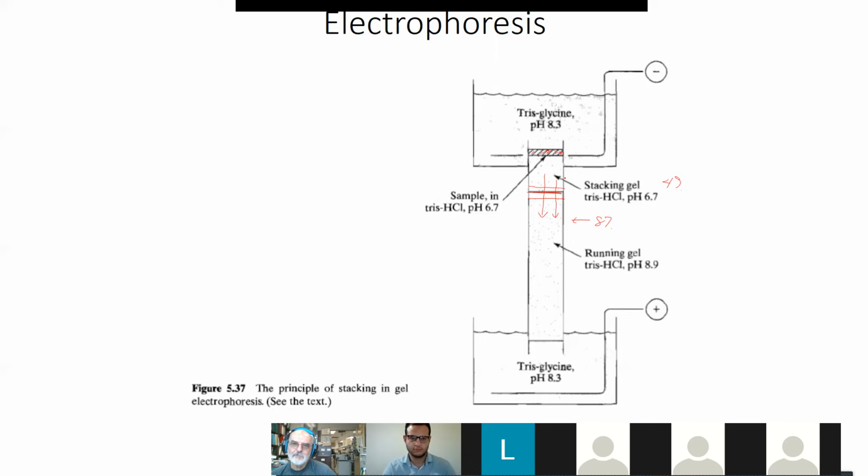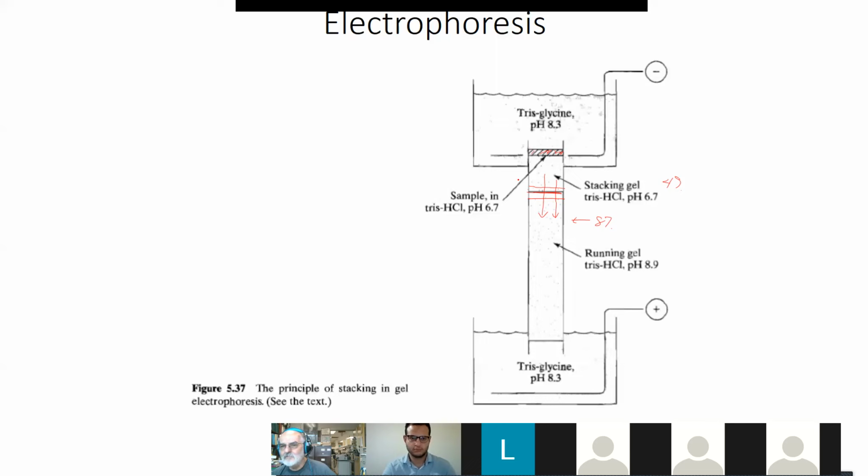Okay, it's achieved by the stack separation a little bit. It's mostly achieved by the fact that the mobility of some of these ions changes from low pH to high pH, and that causes the sharpening of the band. When the band first enters the gel, you can often physically see it, because it's so sharp and so concentrated, it diffracts light.